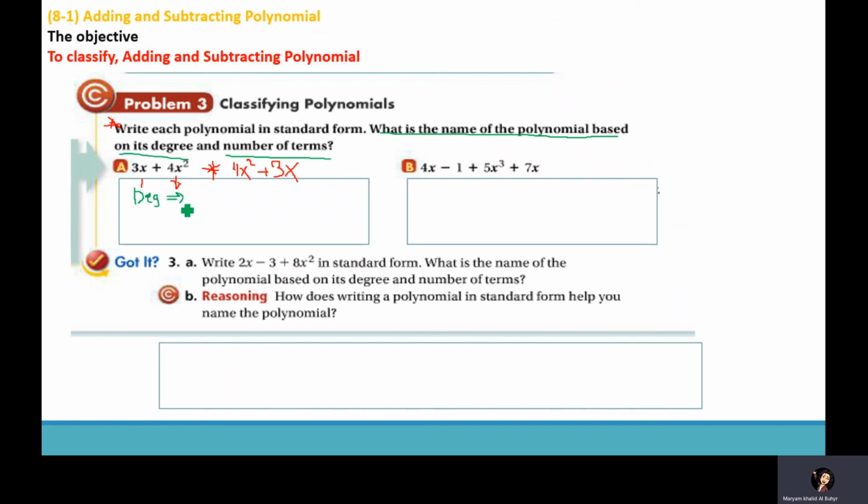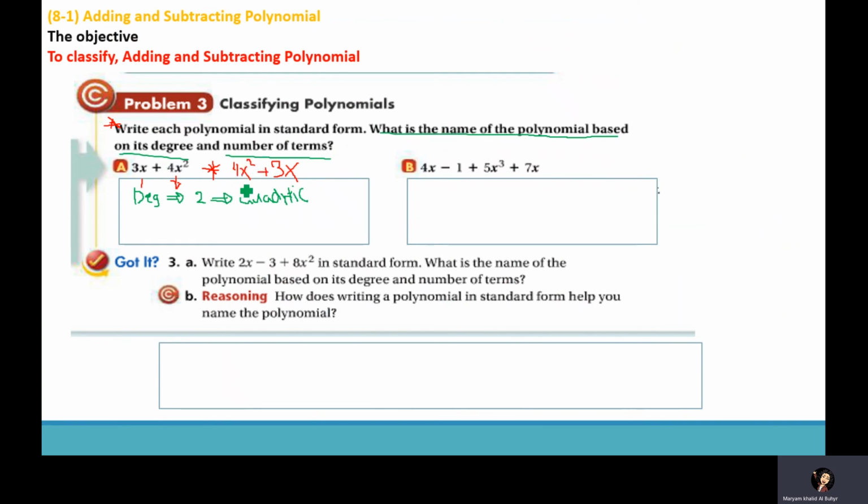The greatest power that I have is 2. So since the degree is 2, I will call this quadratic. So this is a quadratic polynomial, according to the degree.